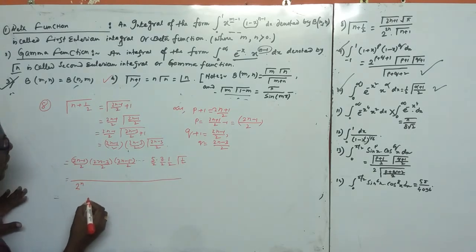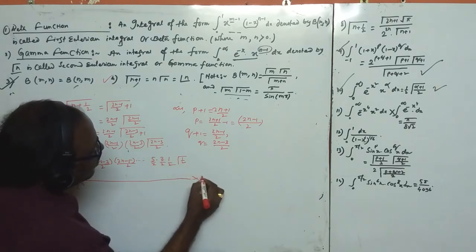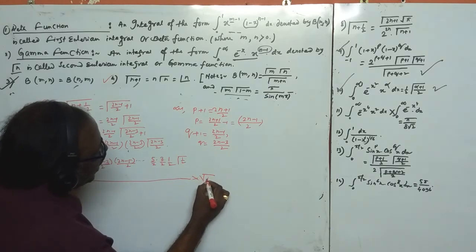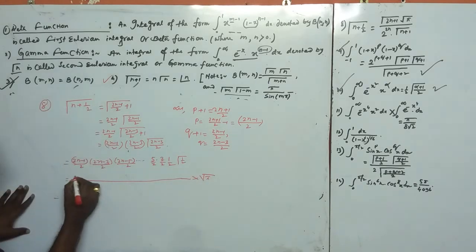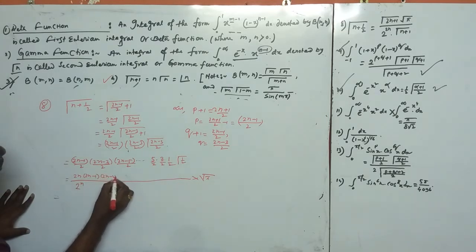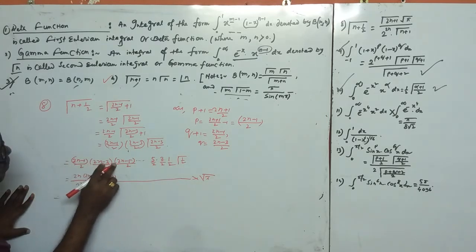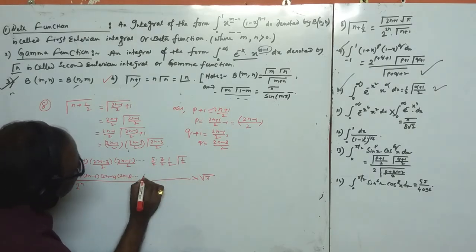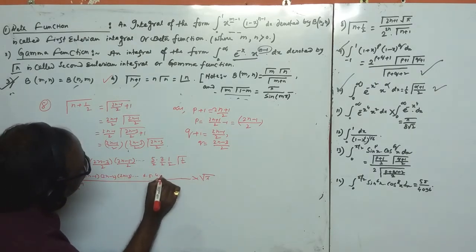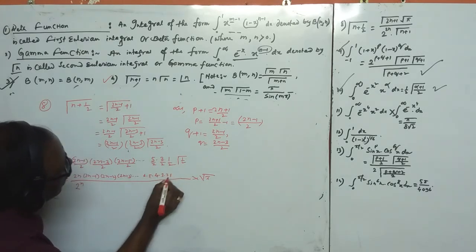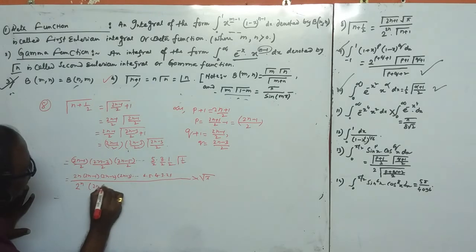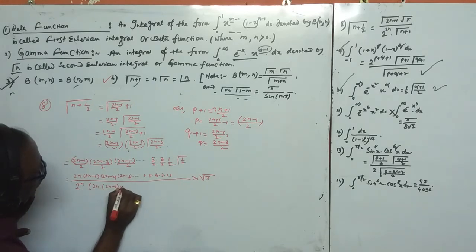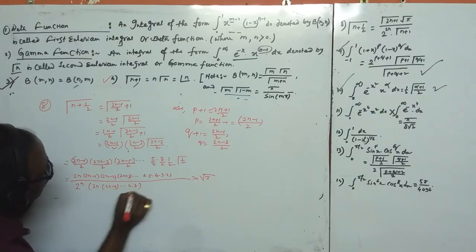Now this is root pi, you know. Now introduce 2n minus 2, 2n minus 4 in between 2n minus 1 and 2n minus 3, down through 5, 4, 3, 2, 1, and also the even factors 2n minus 2 down to 4, 2.